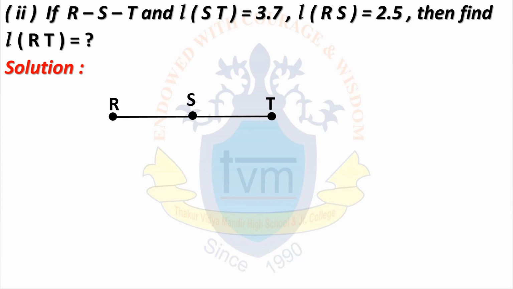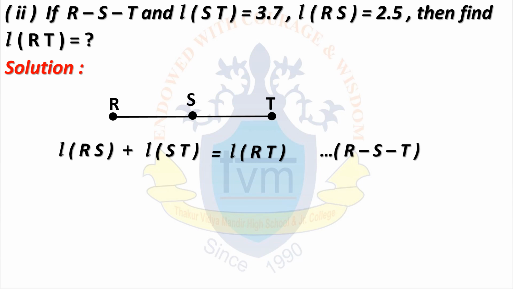They fall on the same line and S is between R and T. So the length of segment RS plus the length of segment ST equals the length of segment RT.